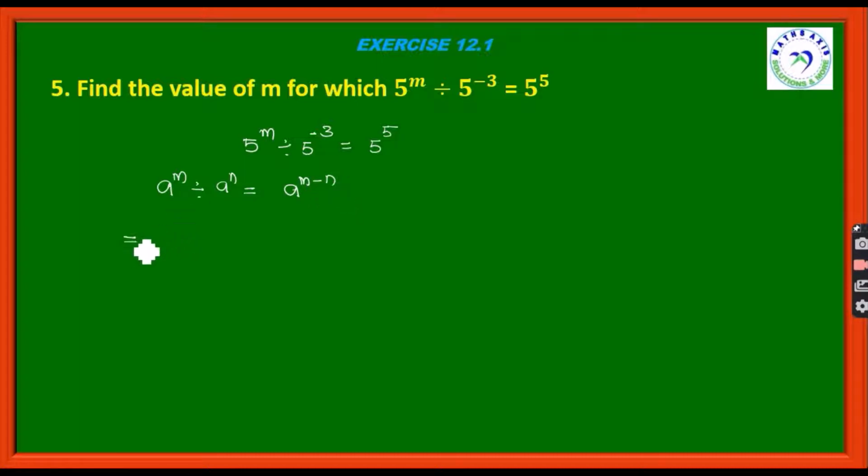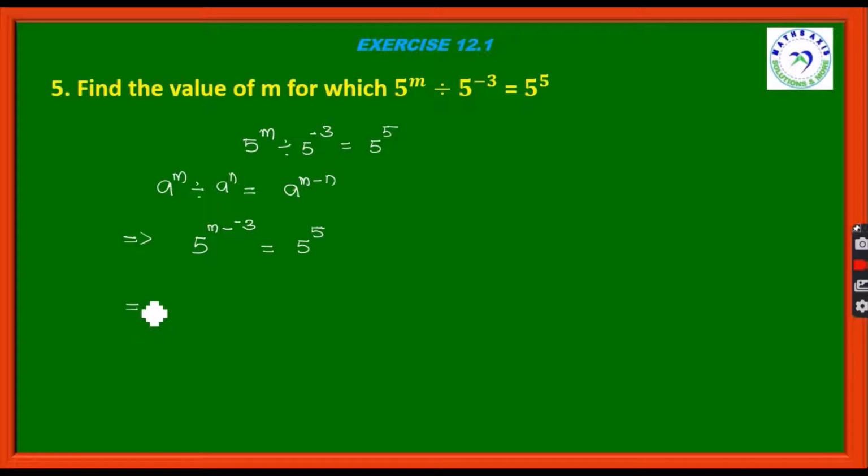So 5 raised to m divided by 5 raised to minus 3, by using the exponential law, is 5 raised to m minus the second exponent, minus 3, is equal to the RHS, 5 raised to 5.